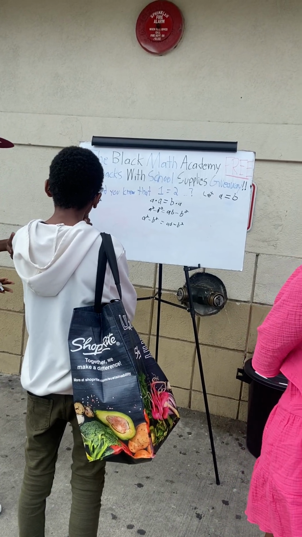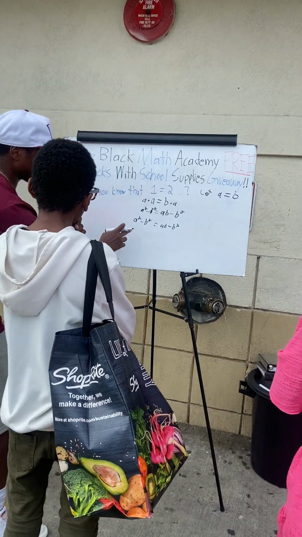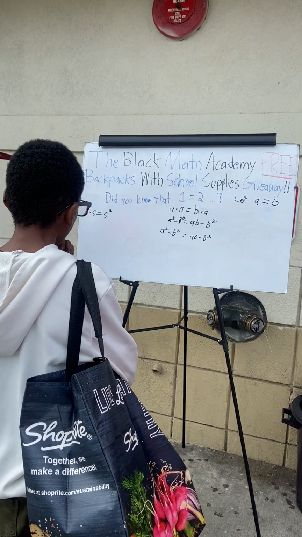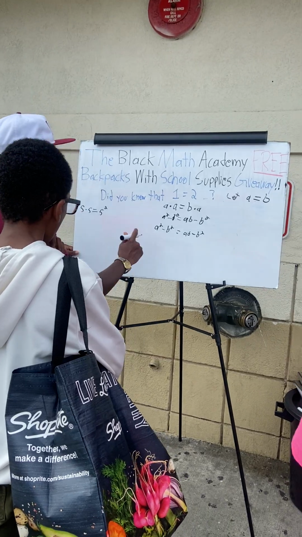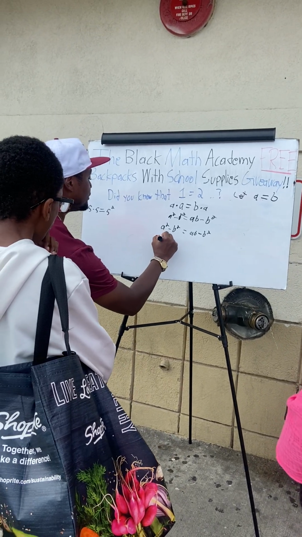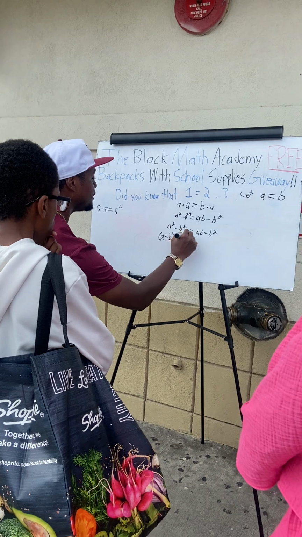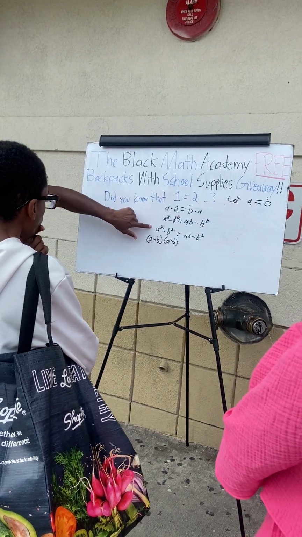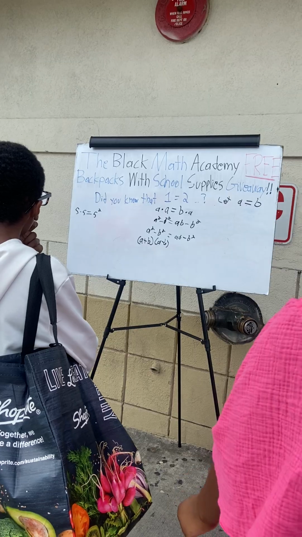Does that sound familiar? I'm going to turn it into a multiplication problem. Right now it's a subtraction problem. Another way of saying that is A plus B times A minus B. If I multiplied these two things together, it would give me this. I'm not changing the actual value.